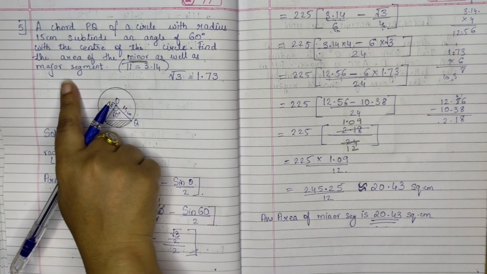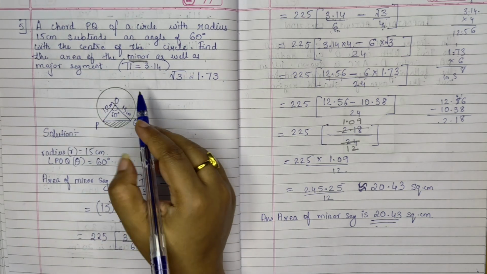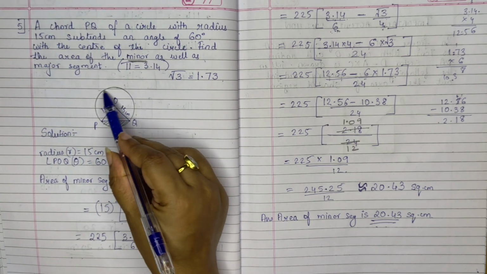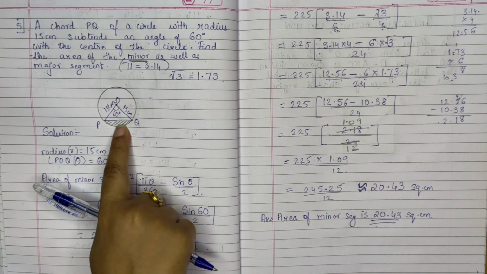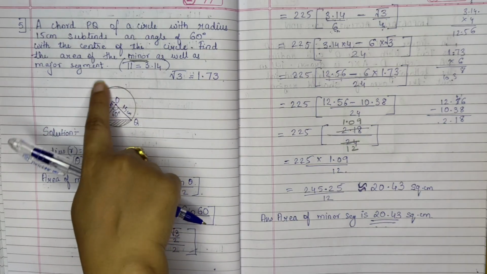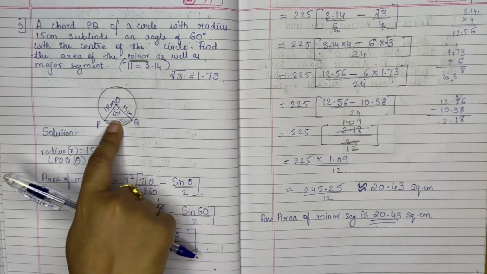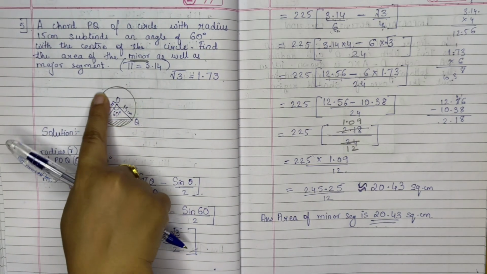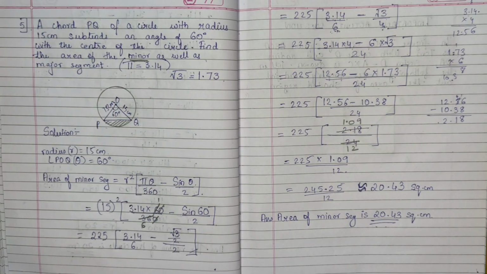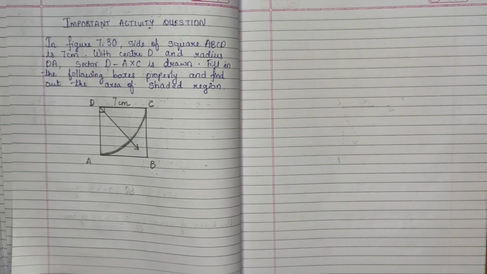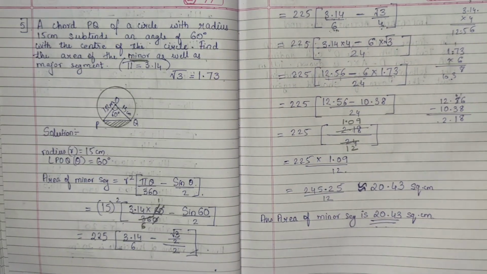So see here, we got the area of the minor segment. Now we have to find the area of the major segment. Major segment, I told you, first we will find the area of the circle. From that we will subtract the minor segment. So from the area of circle, when you subtract the minor segment, you will get the major segment. Understood? So the next step is the area of circle. We will use the area of circle formula.